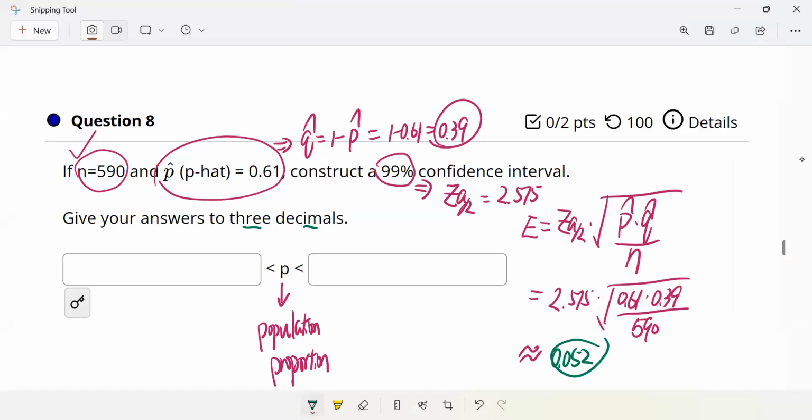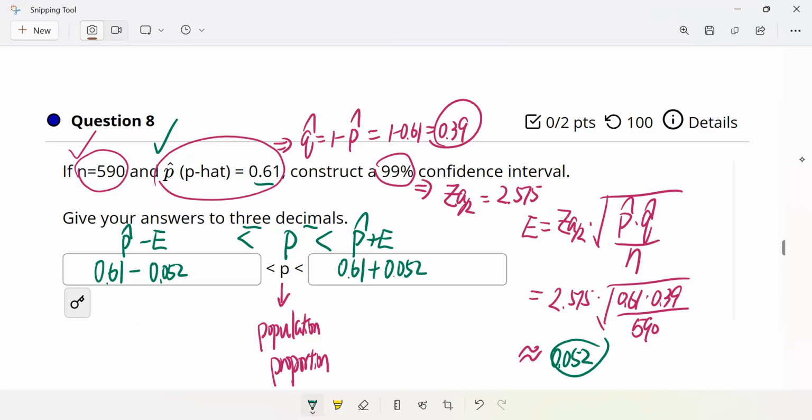This one we will do p-hat minus margin of error, and p-hat plus margin of error. So p-hat, we know that it's 0.61. So we do 0.61 minus 0.052 on the left, and on the right it's 0.61 plus 0.052.